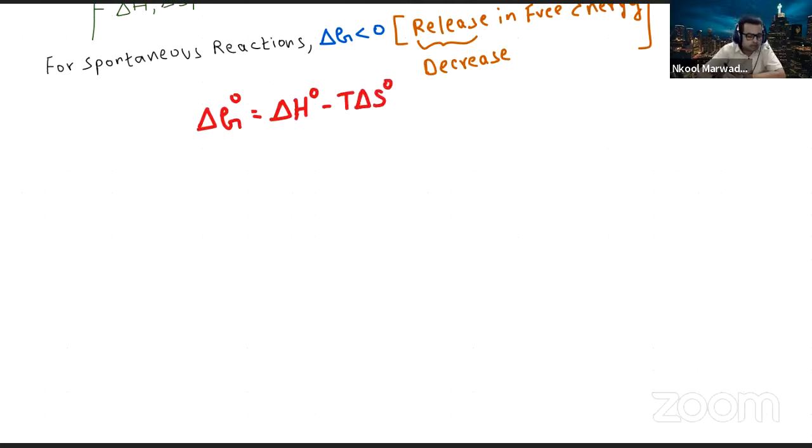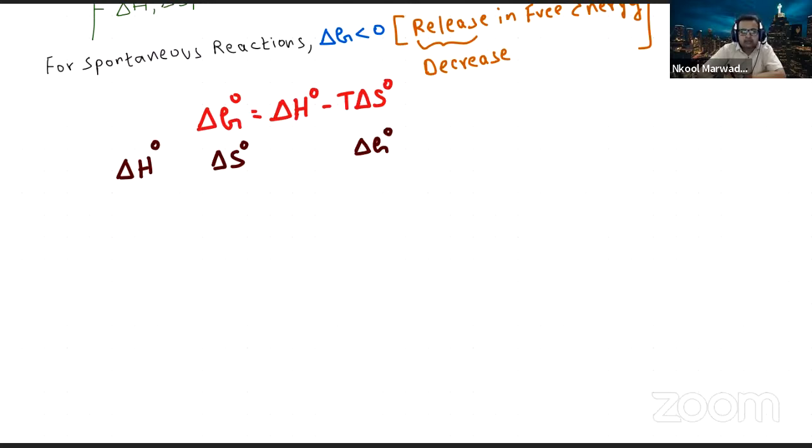Now for different conditions of delta H, delta S and delta G. The idea is very simple.